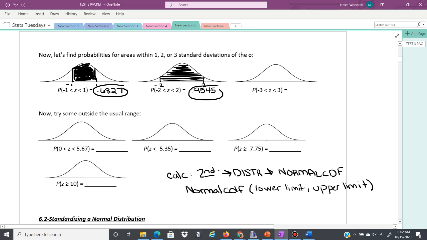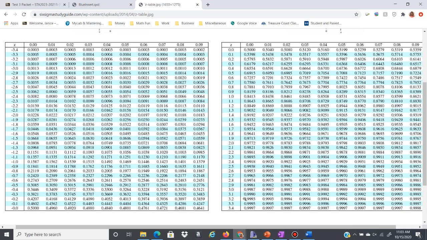Okay, then -3 and +3, that should be 99.7. So it's going to cover most of the curve here. I'm going to look this one up in the Z table just to do that. So -3 is going to be over here, 0.0013, +3, 0.9987.